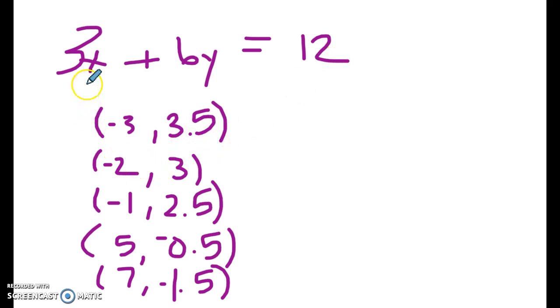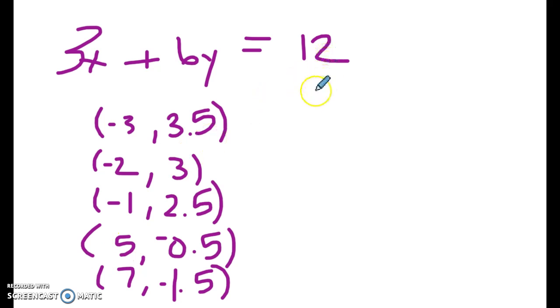Negative 2 times 3 is negative 6. You're going to be adding 6 to 12, which is going to be 18. And when you divide 6 into 18, it's going to be 3. Negative 1 times 3 is negative 3. And since it's negative, you're going to be adding it to this side to undo it. So it's going to be 15, and 15 divided by 6 is 2.5. 5 times 3 is 15.